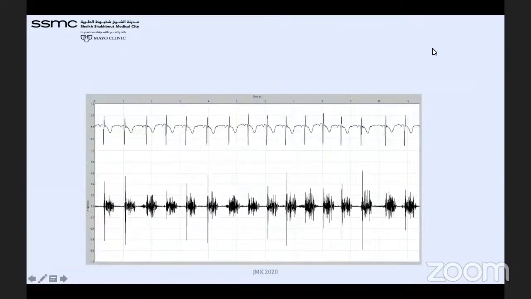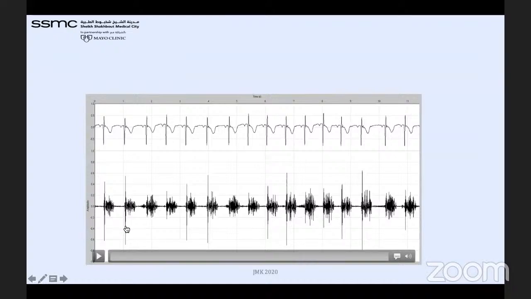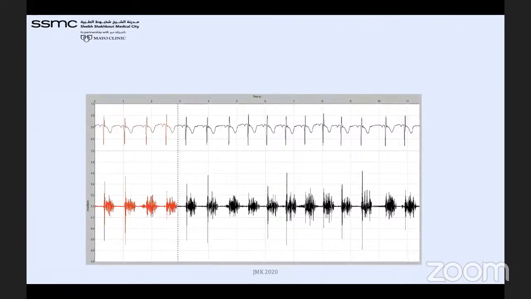So let's see if this can work. These are the sounds of the murmur you can hear. Did you hear? Can anybody tell me if you can hear this?